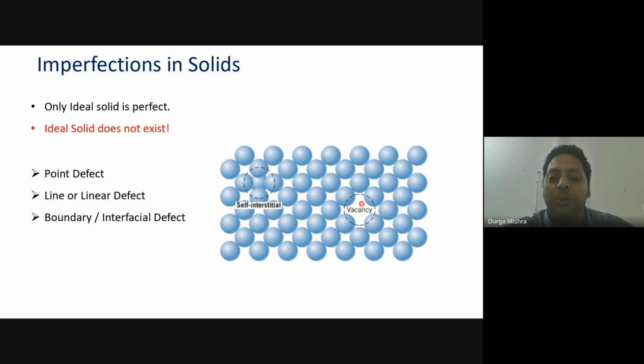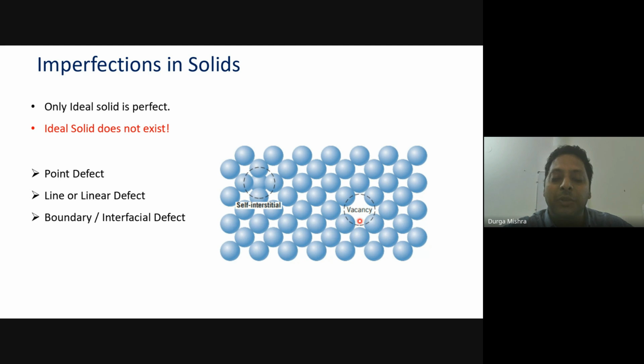This missing atom is what we call a vacancy. These are names that exist in the English literature, not really scientific names, but a vacancy means there is an absence of an atom there. It is vacant. So this is a point defect.